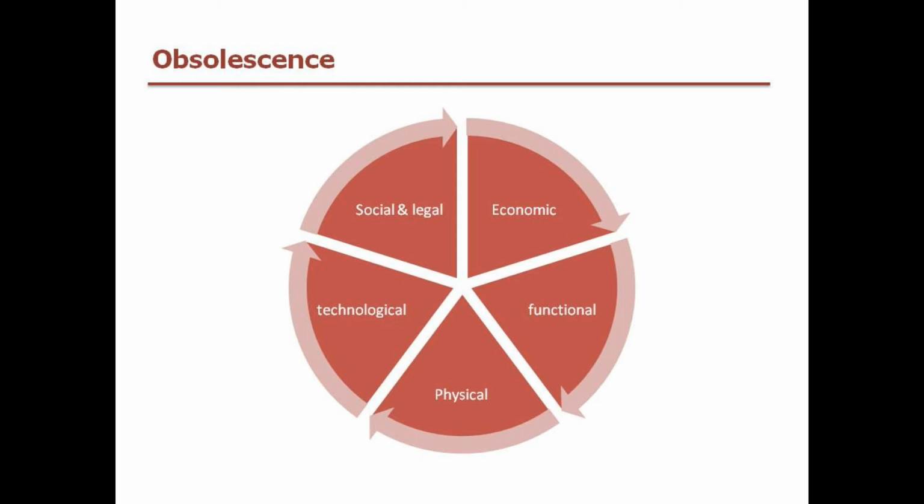And as well as social and legal obsolescence, where human desires or legislation actually dictates the replacement of components of a building, and that is definitely for non-economic reasons. Examples of these could be fire codes, asbestos legislation, things like this.